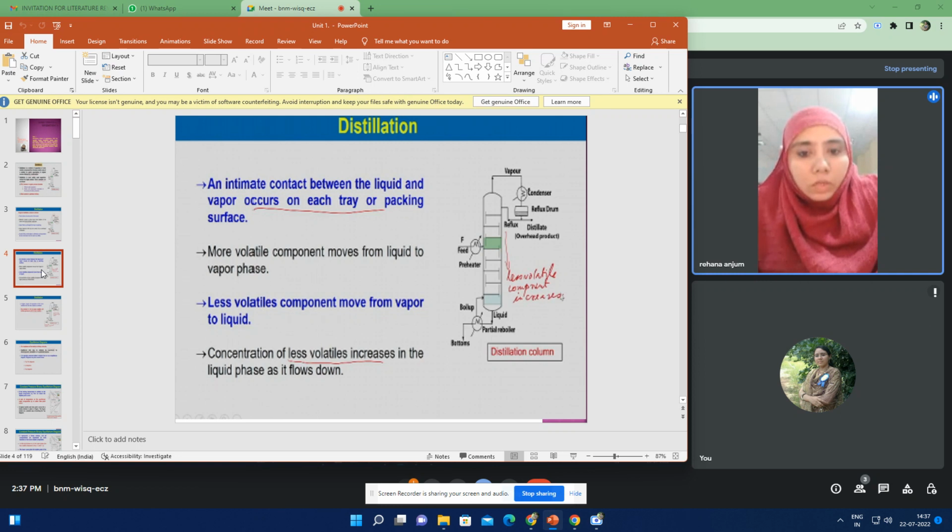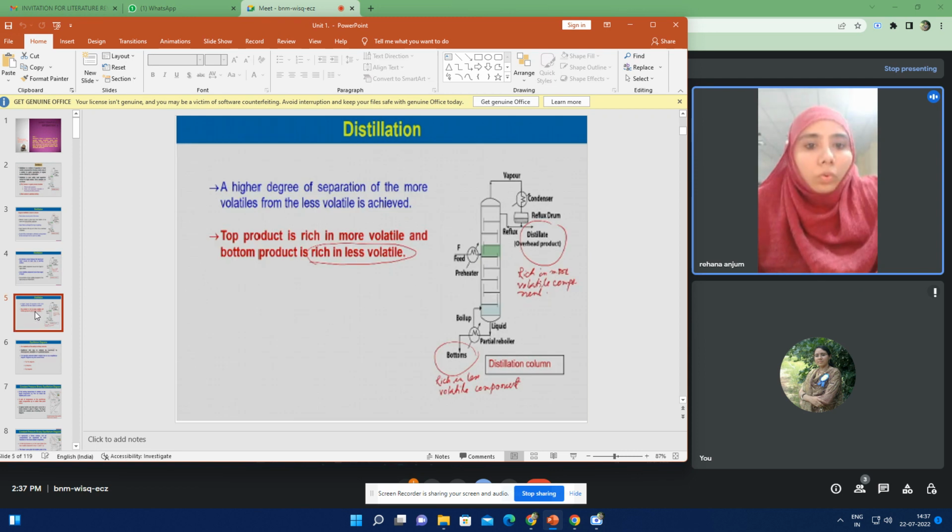The concentration of the less volatile components increases in the liquid phase as it flows down. So the less volatile components will be retained in the liquid phase going down from the top.